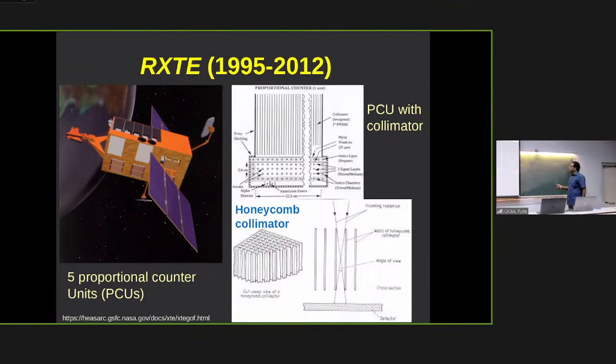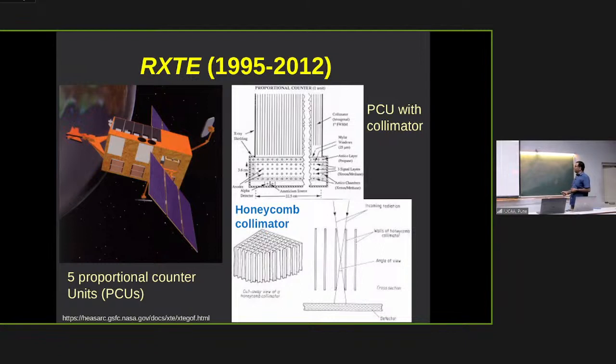First of all, the bottom part is actually the X-ray detector, and these small circles are all anode wires. So there are different layers of anode wires, and the X-rays come from this direction. And this particular structure is the collimator.